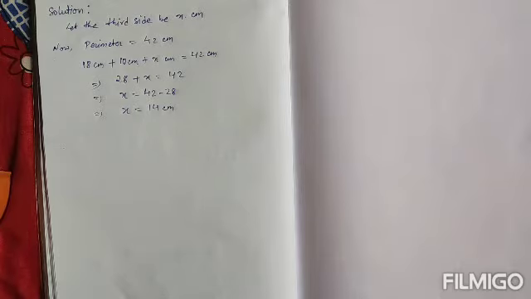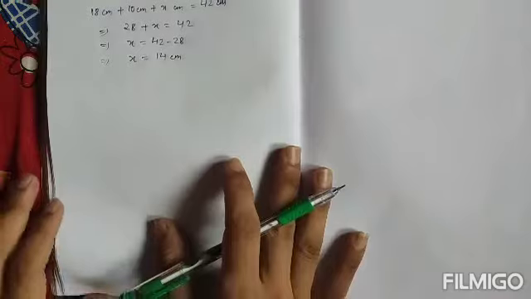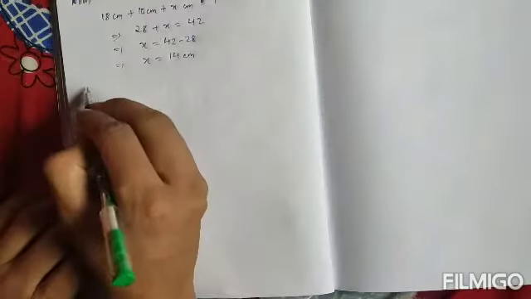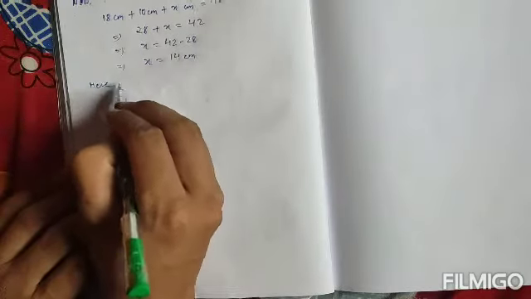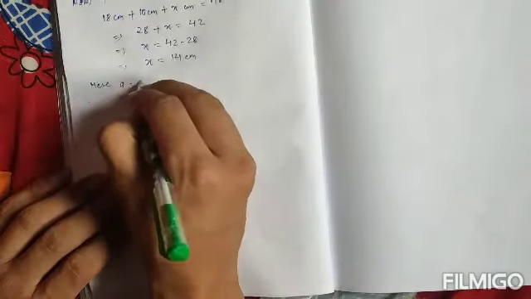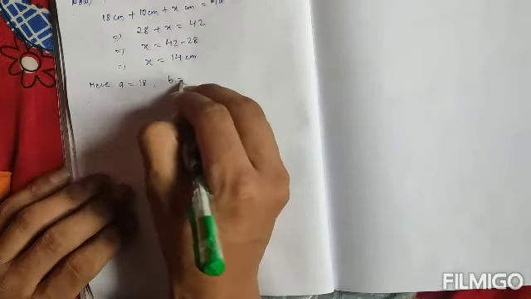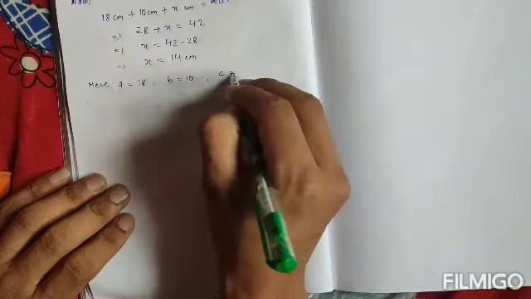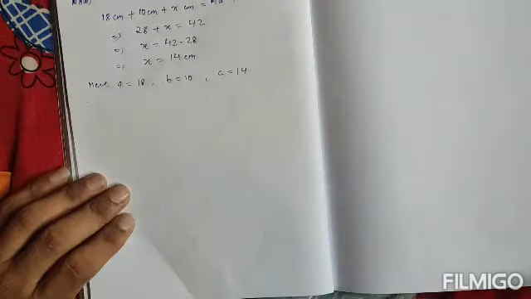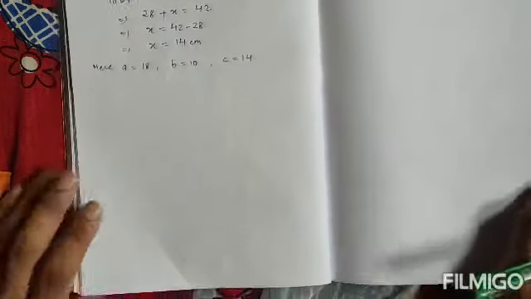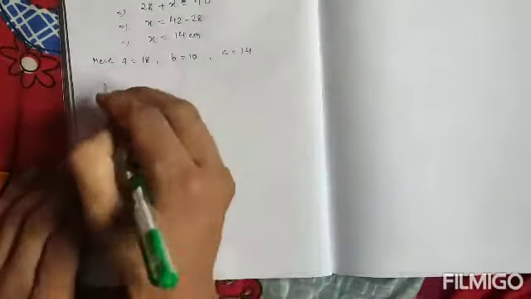Okay, so now we have all the three sides of a triangle, so we can easily find the area of a triangle. Okay, so here a equals 18, isn't it? b is 10 and c is 14, which we just got now, isn't it? So now we will try to find s.